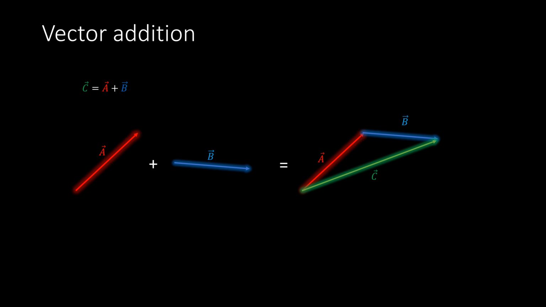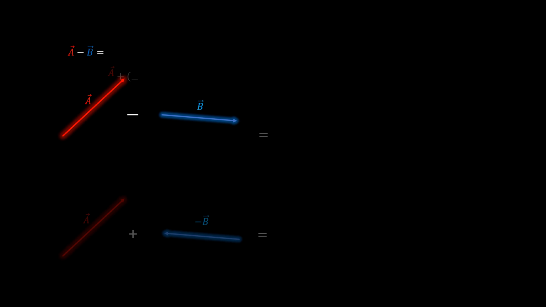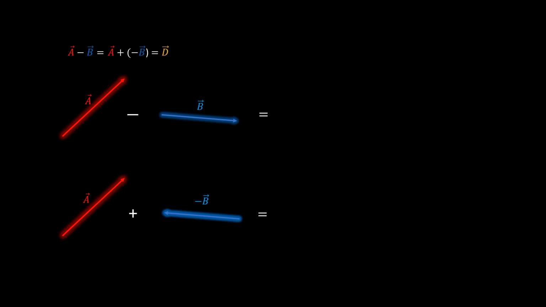Now, how do we subtract vector B from vector A? This operation is equivalent to adding vector minus B to A. Vector minus B is the same as vector B, but it has the opposite direction.